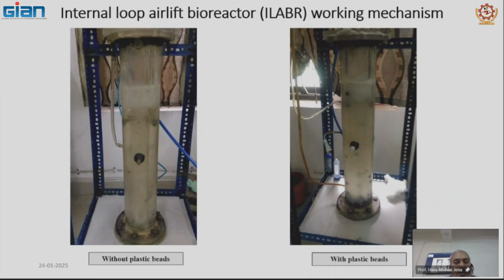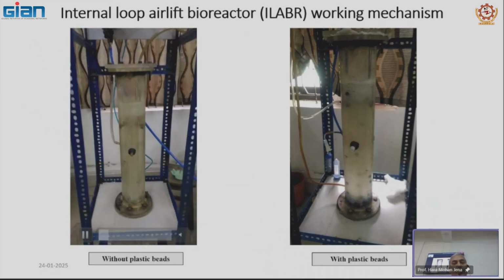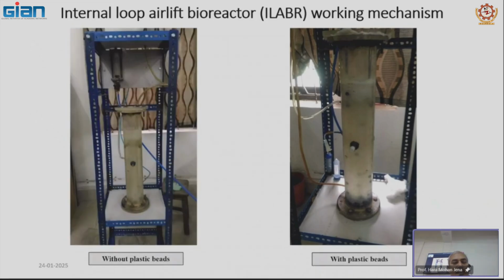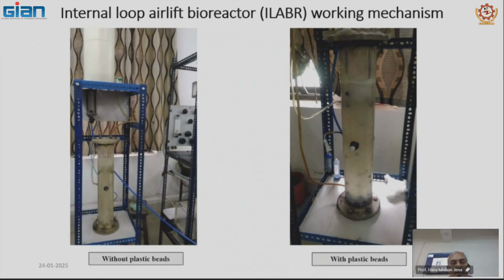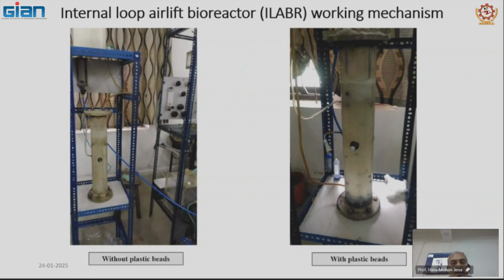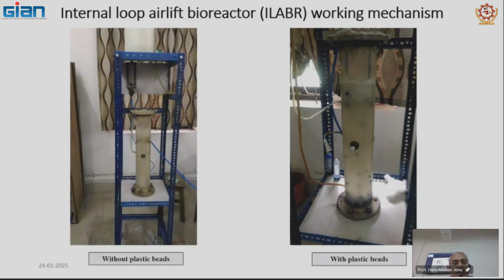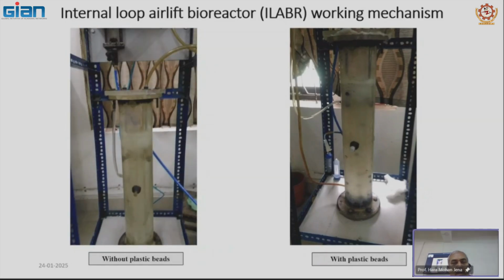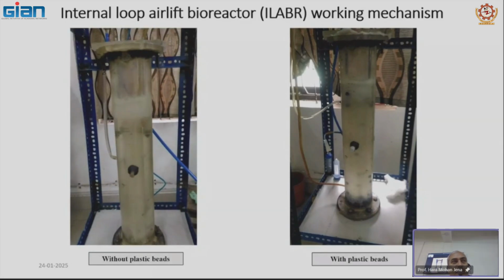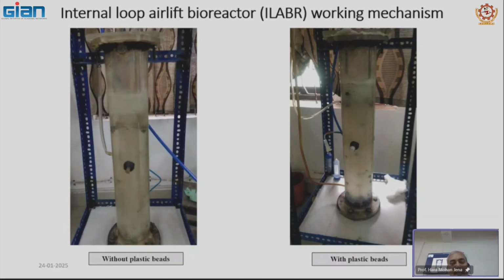So plastic beads are considered to be the support material. Without plastic beads, this is the operation of this reactor, as you can see in this video. So only suspended cells are there, not the immobilized cells. Degradation is taking place there.